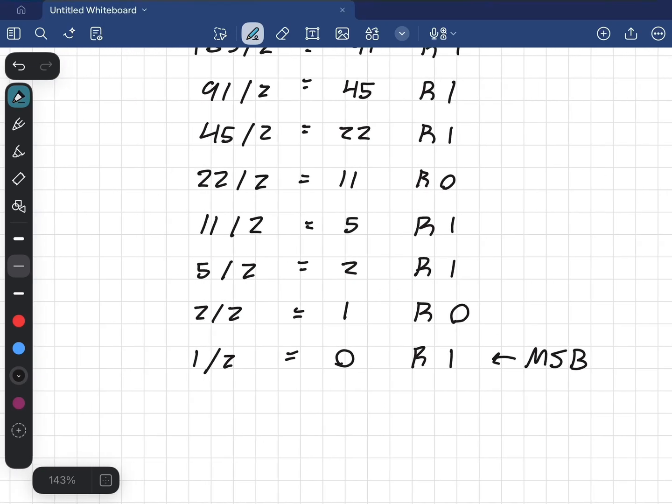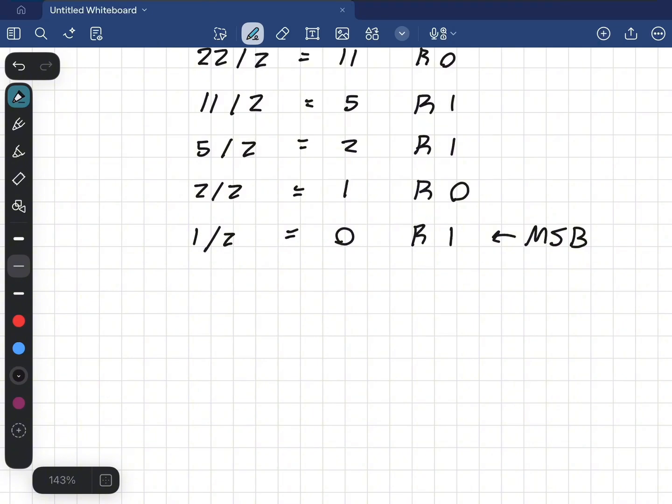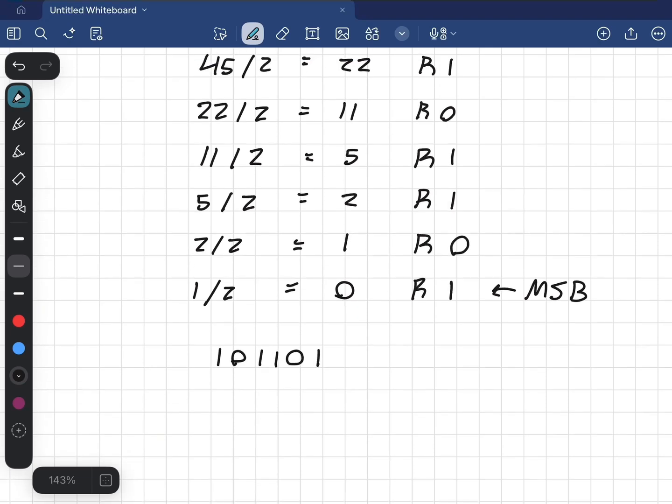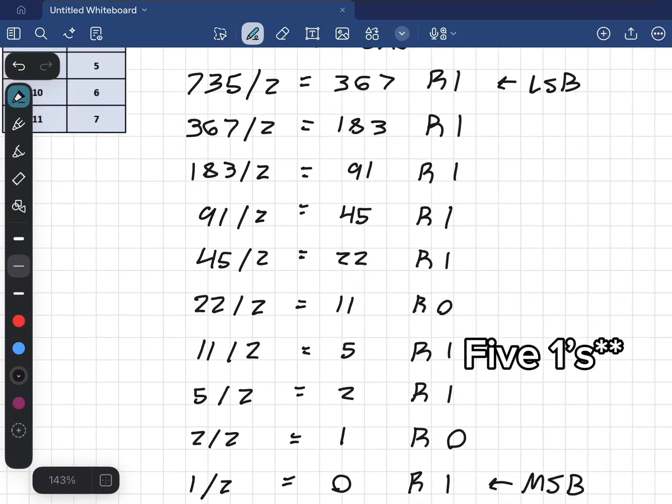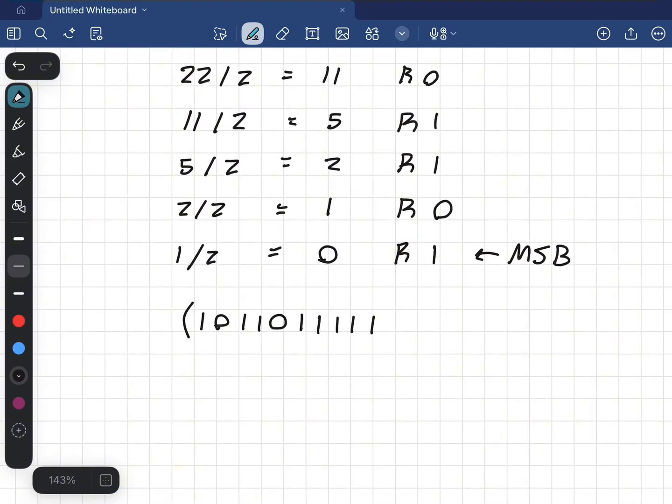Writing from left to right, we will start with our most significant bit, which will be 1, 0, 1, 1, 0, 1, 1, 1, 1, 1. So this right here is how we got our final answer for the binary form, and we will put a subscript 2 there just to show that that's in binary.